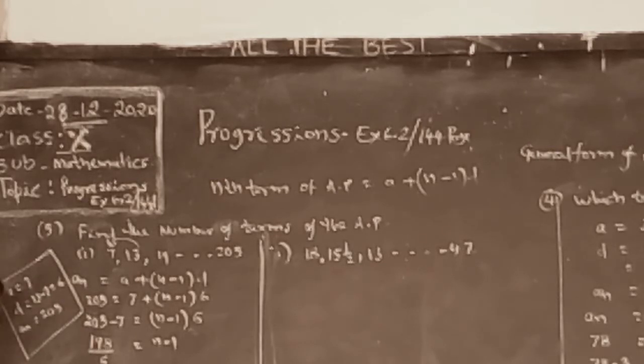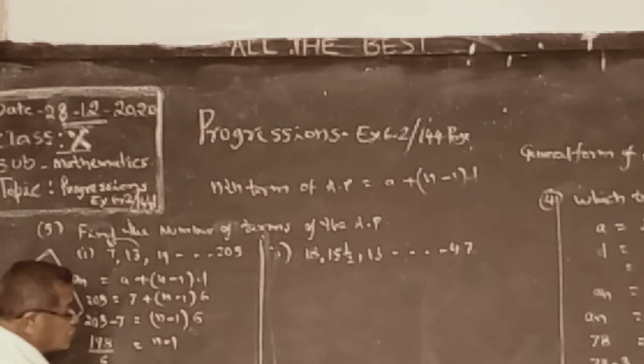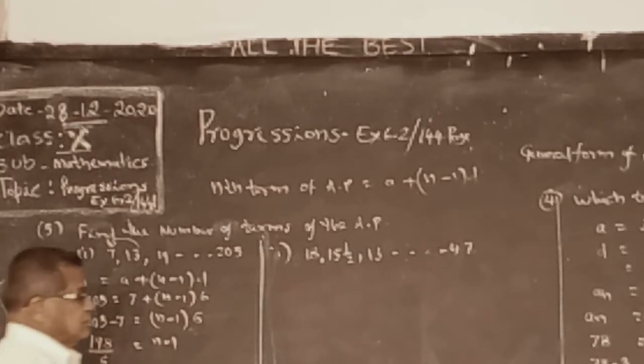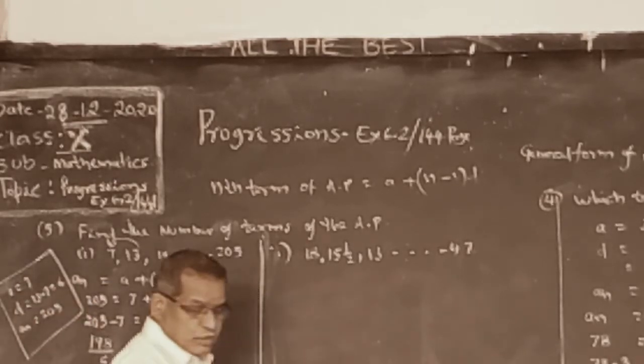Therefore, the 34th term of the series is 205. So the answer is 34 terms. There are 34 terms from 7 to 205. Similarly, you do this same process, you do it.